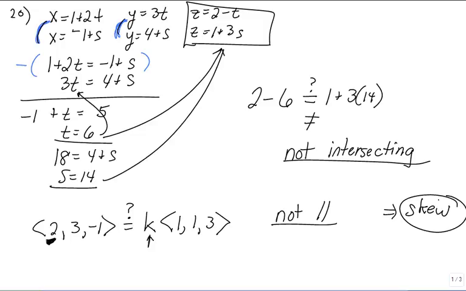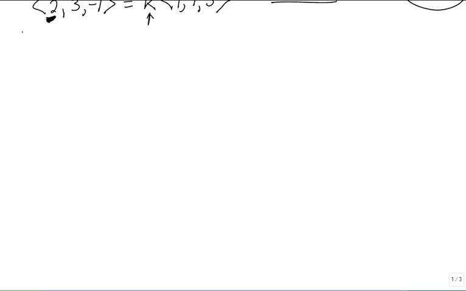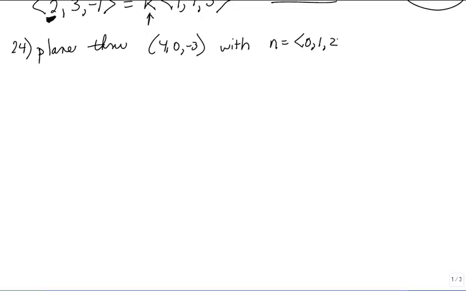Okay, 24. I want the equation of the plane through the point (4, 0, -3) with the normal vector equal to (0, 1, 2). All I have to do is say 0 times (x minus 4) plus 1 times (y minus 0).